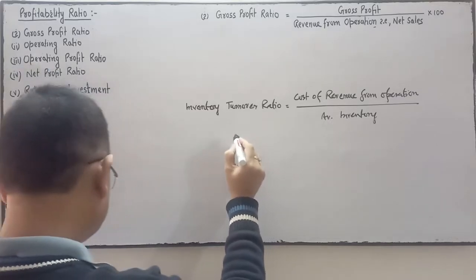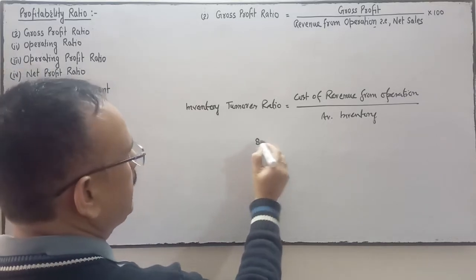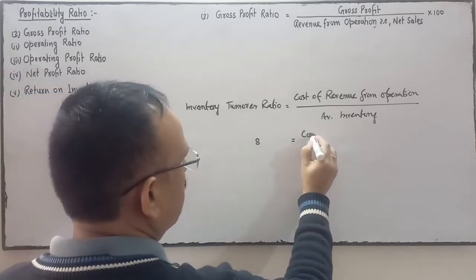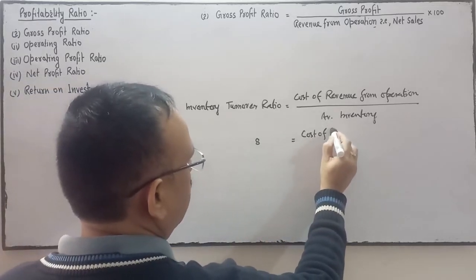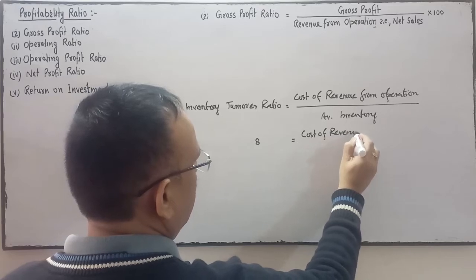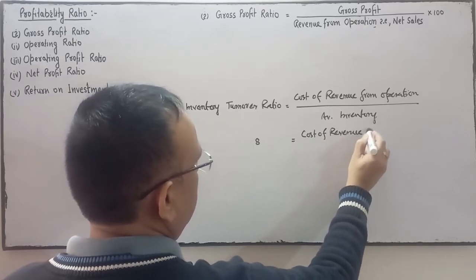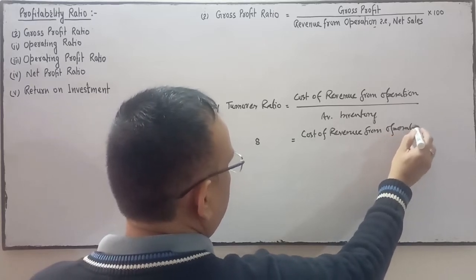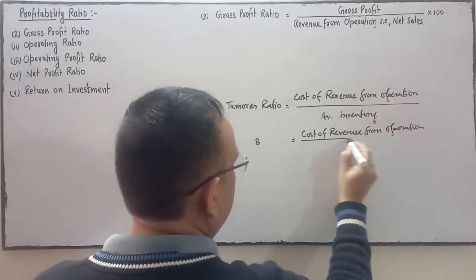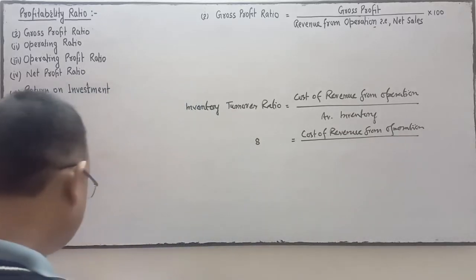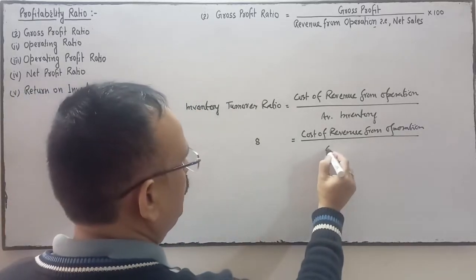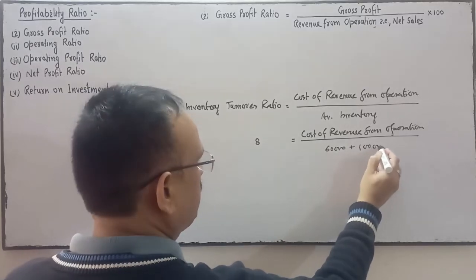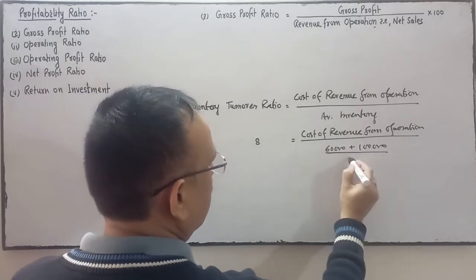So inventory turnover ratio is given, it is 8 times, equal to cost of revenue from operation, which is not given in the question. Okay, we have to find it out. Upon average inventory, opening inventory plus closing inventory, opening inventory is 60,000, closing inventory is 1 lakh, upon 2.